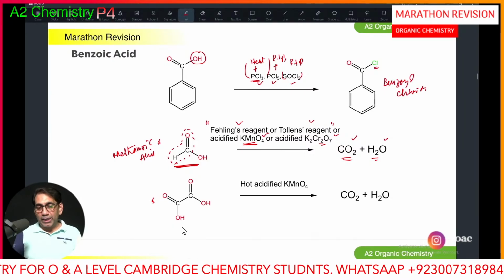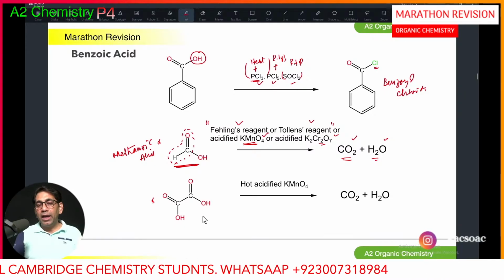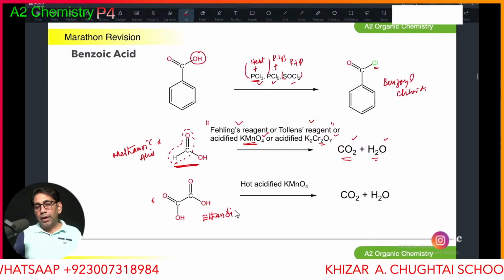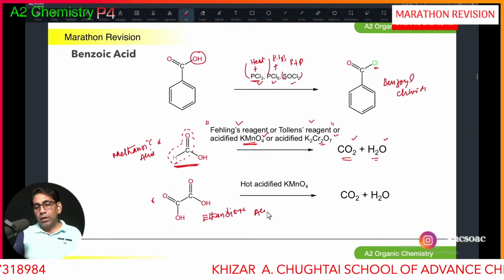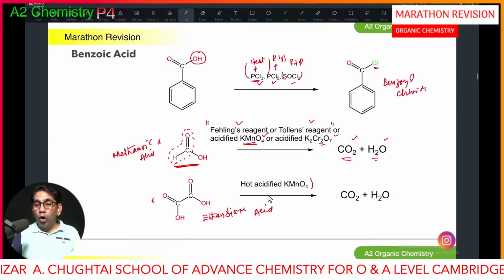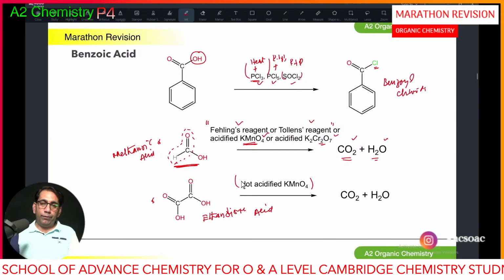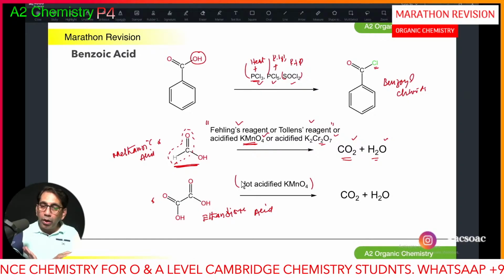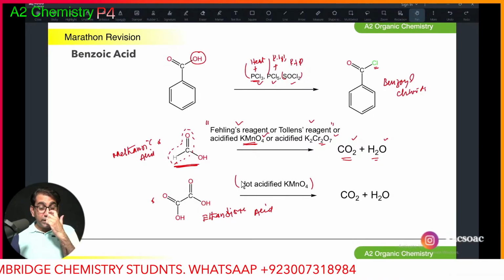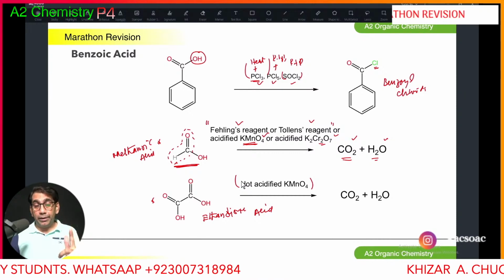Now come to the next one. This is called ethanedioic acid, and only in the case of KMnO4. You cannot use any other reagent here. You will have to use acidified KMnO4 only.